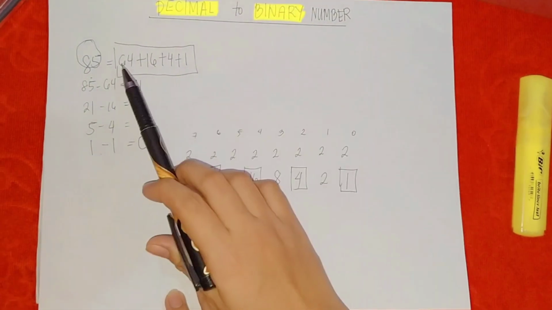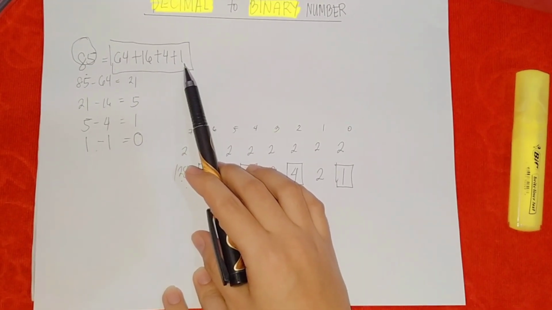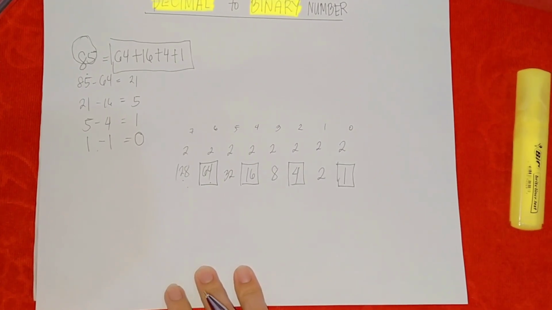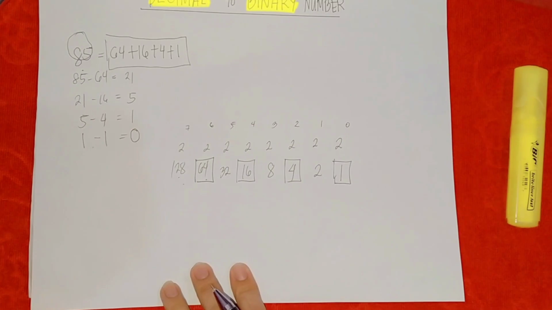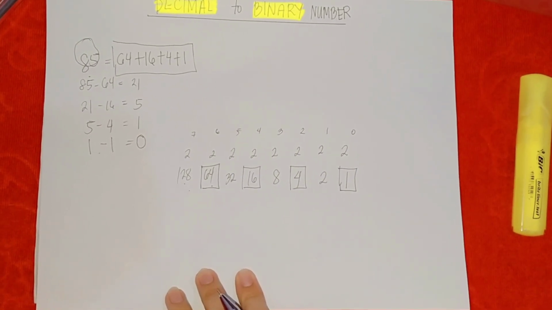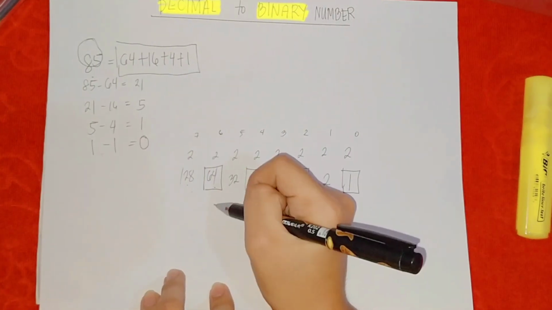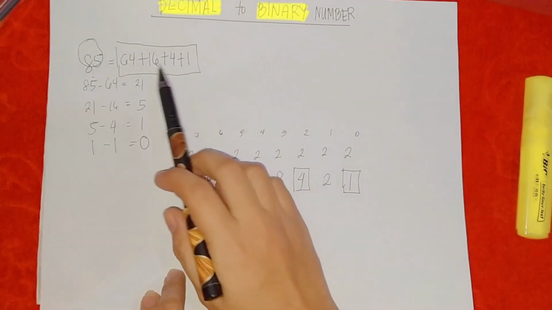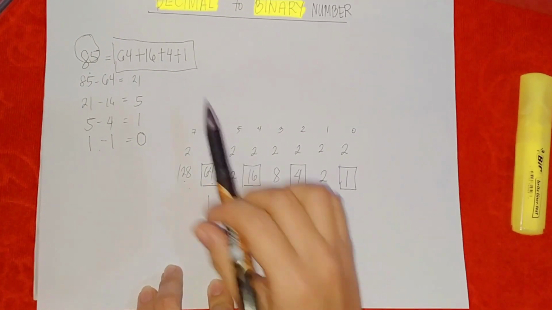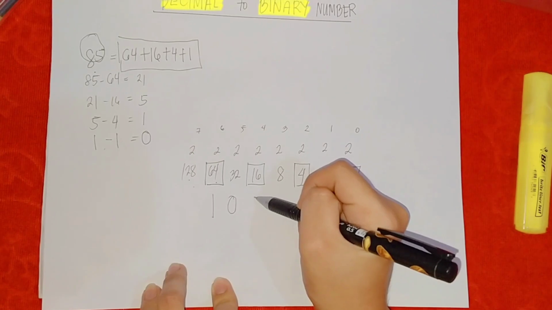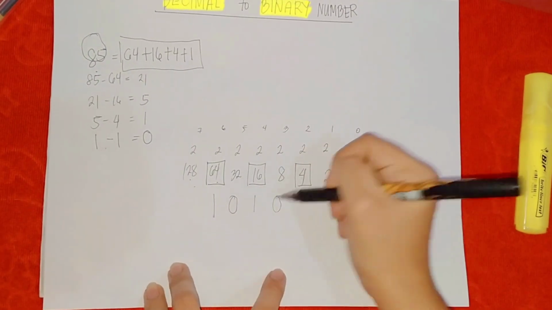Now that we have these 4 numbers, we can convert them into a binary number. To review, binary only consists of 2 digits, which are 0 and 1. Because we have 64 here, we put 1. We don't have 32, so we put 0. We do have 16, so we put 1. We don't have 8, so we put 0.